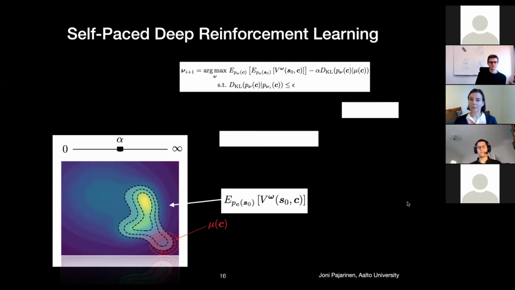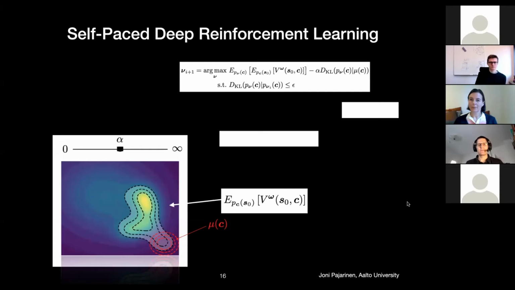We want to minimize the distance between the current context distribution and the desired context distribution, but at the same time, we want to maximize the value that the policy gets in the current context distribution.